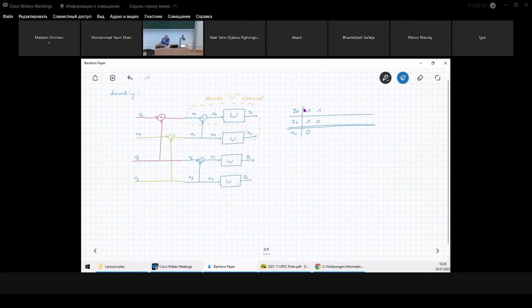Next, we observe a 1 here, 0 here. So 0 plus what is 1? 1 plus 1. So 1 here. 0 up here, 1 here.